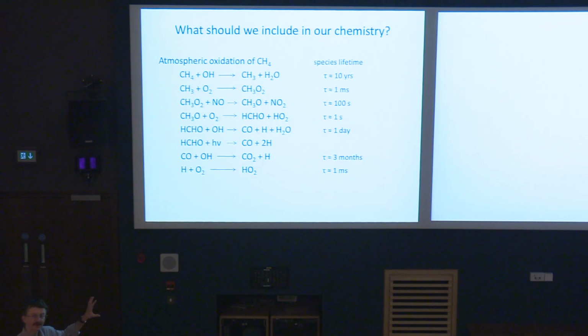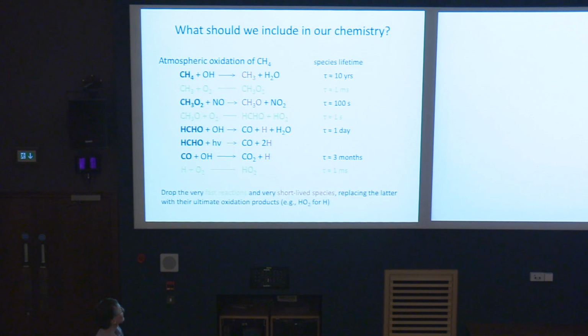If you want to include this in our chemical model, what do we need to do? Okay, if you want to include all those things, we're going to end up with a very stiff system, because then we have a wide range of different timescales involved. But we can simplify it quite substantially, okay, using concepts of steady state and families. We can identify the reactants which are very short-lived.